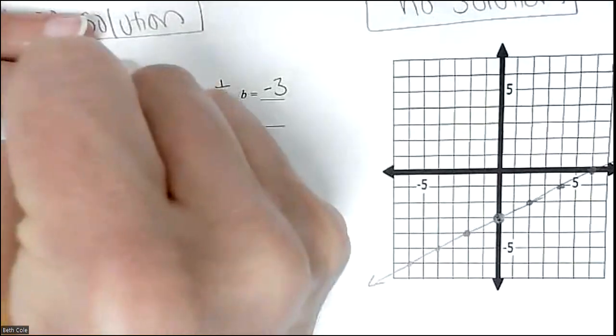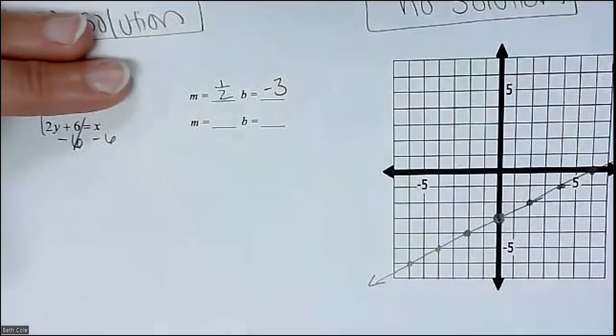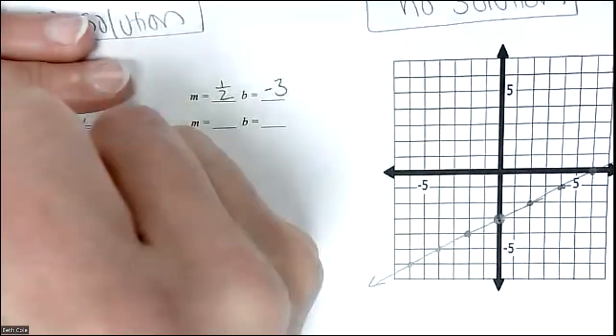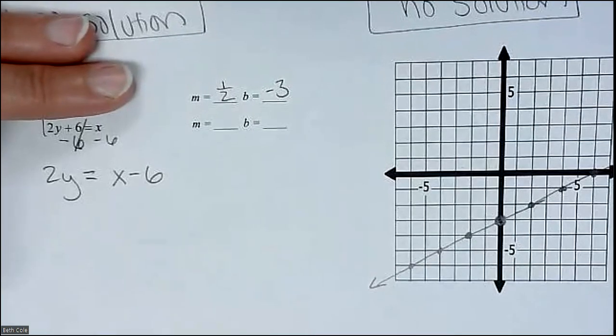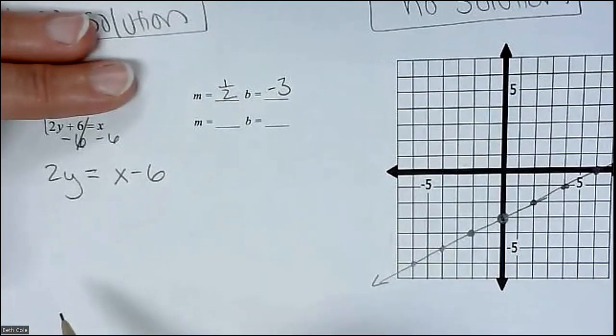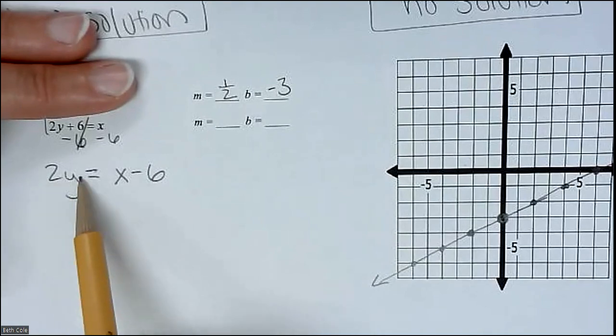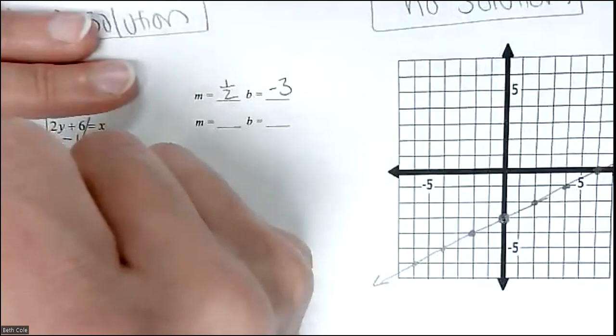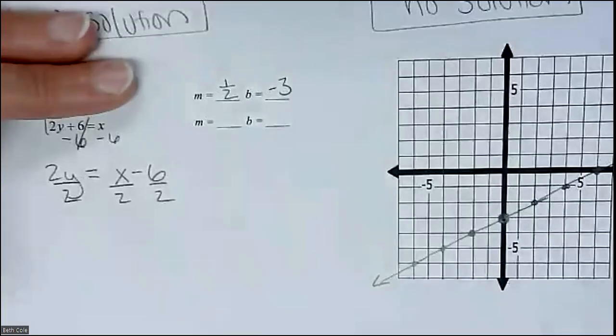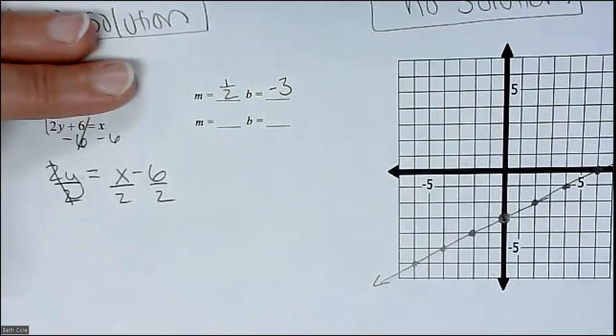Minus, good, perfect. -6. So you'd have 2y equals x minus 6. We just moved the 6 to the other side. And then how do you undo multiplying by 2? You have to divide everything by 2. So divide 2, divide 2, divide 2 to cancel those out.